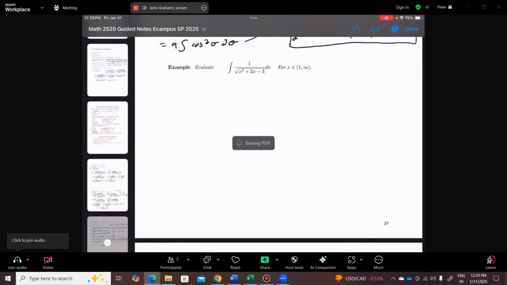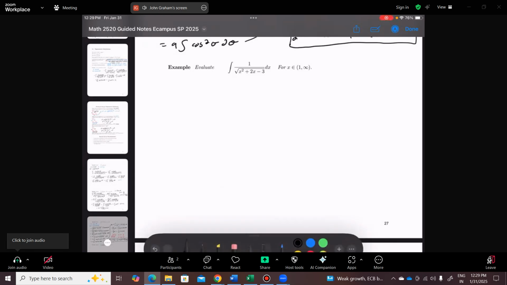Alright, last one. 1 over square root of x squared plus 2x minus 3 dx. And we'll only evaluate this for numbers from 1 to infinity, so negative won't be included here. It's good to know when we're dealing with square root.